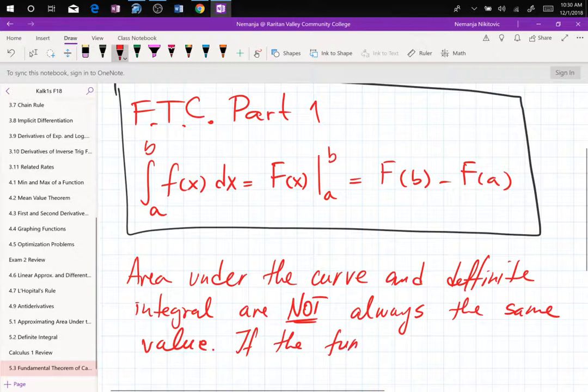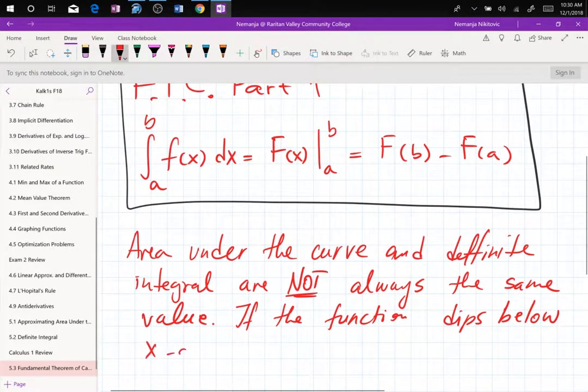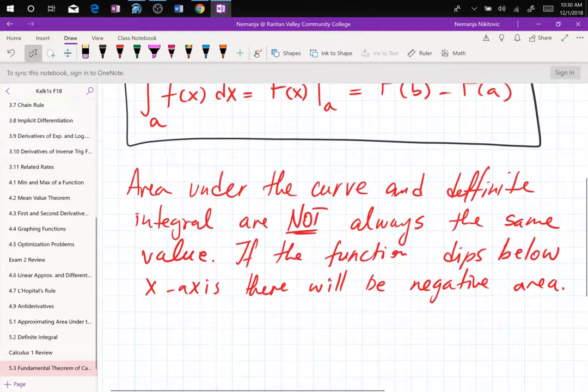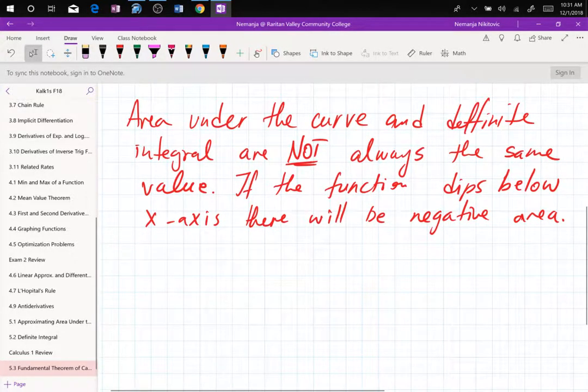If the function dips below the x-axis, there will be negative area, in which case we don't have the same situation.